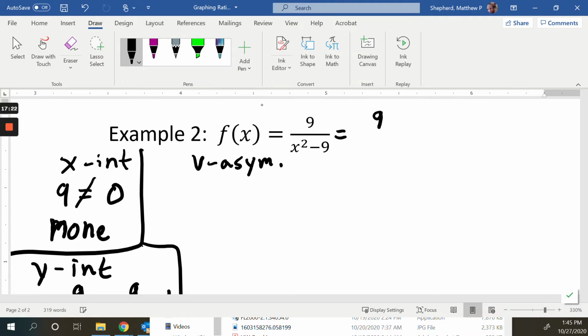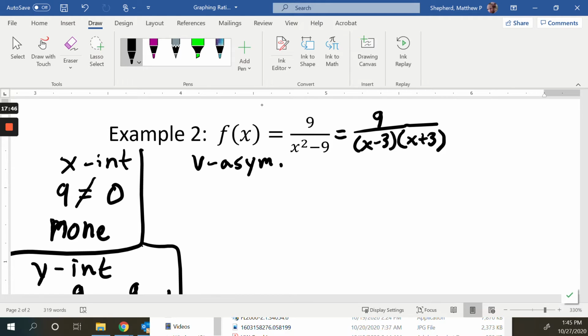I wish I had started this off by factoring. This is a difference of squares, so I know that 3 squared is what gives a 9. So this becomes x minus 3 and x plus 3. Okay, if you're not sure how I did that, Google difference of squares.